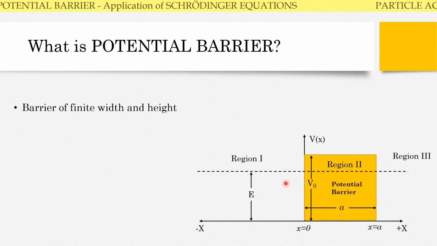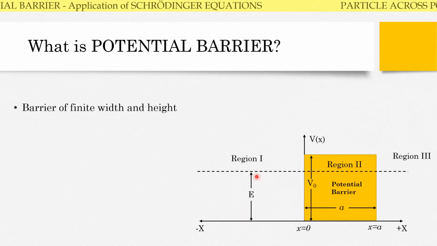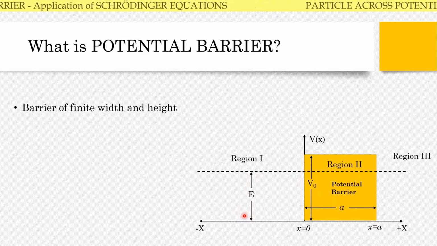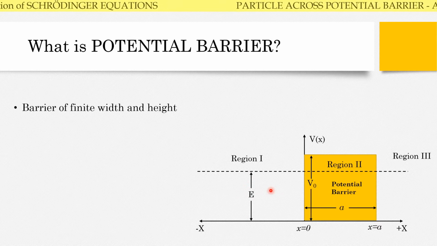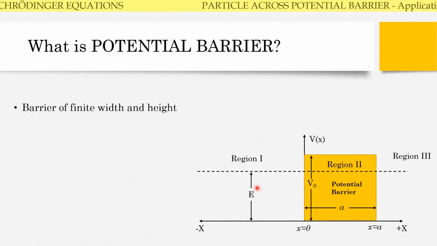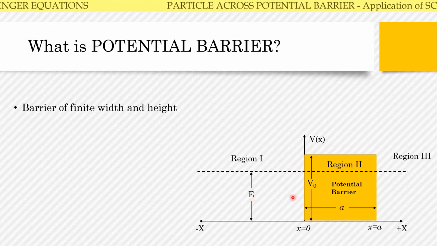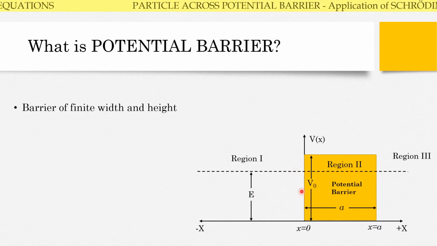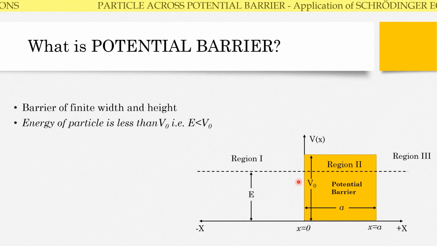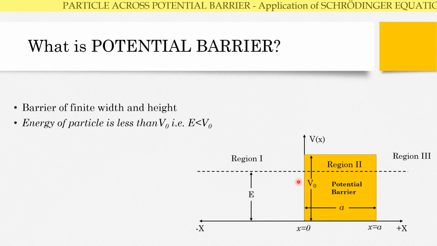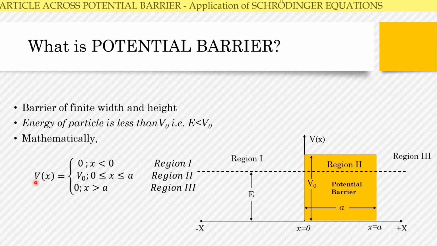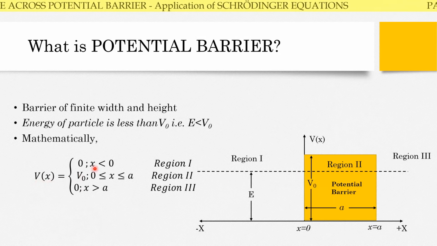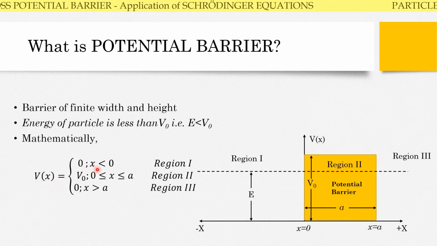See in this figure, E, the energy of the particle, which is moving along positive x direction towards the potential barrier, carries energy E, which is quite less than the height of the potential barrier. So mathematically, this situation can be written as V(x) is the potential which is 0 for x less than 0.